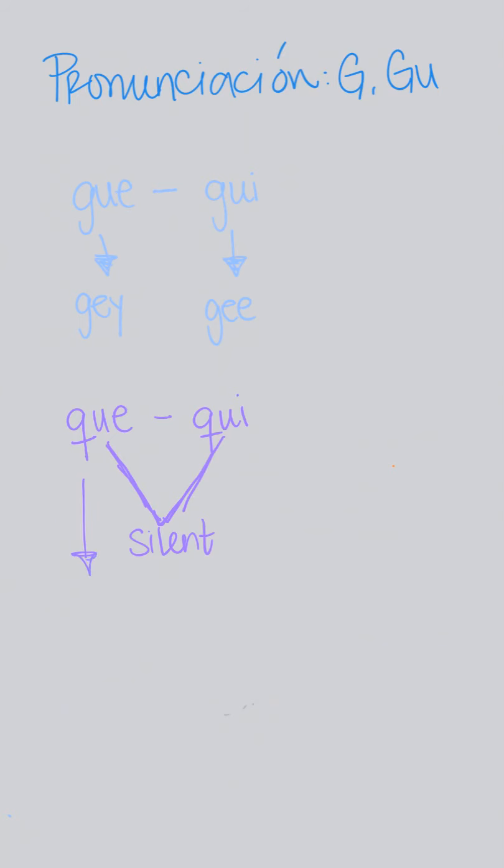So if we put those two sounds together, we have ke, kind of like that. And if we were to take the second pairing here, we would get ki, kind of like that, right?